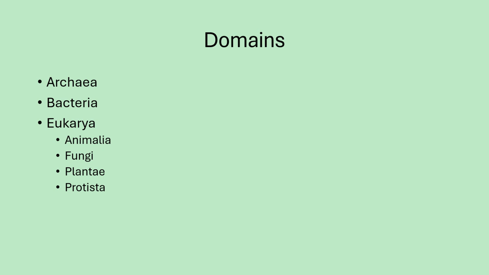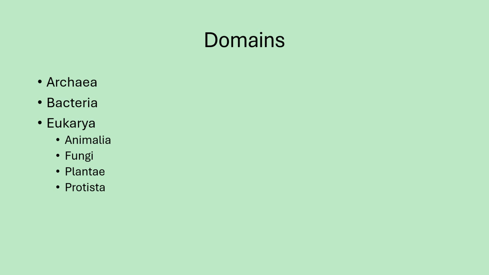The eukarya are what we call eukaryotic cells. This is then broken down into kingdoms. You have the Animalia, the fungi, plantae, and protista. So these are going to be larger organisms, have larger cells. They're a little bit more complex, and essentially they're the new guys on the block.